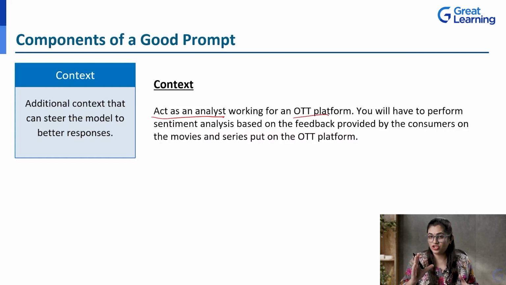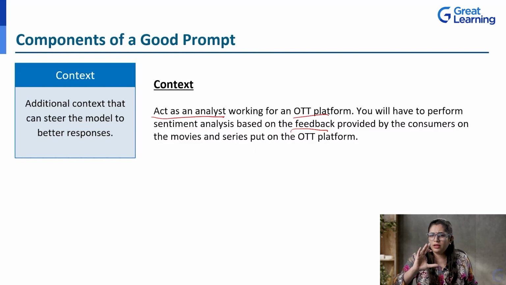You are telling ChatGPT that you will have to perform sentiment analysis based on the feedback provided by the consumers. You are working for an OTT platform. Your consumers are the users that are seeing your movies, your web series. Now, on the feedback that they provide, you have to do sentiment analysis. This is the context that you are giving to your ChatGPT.